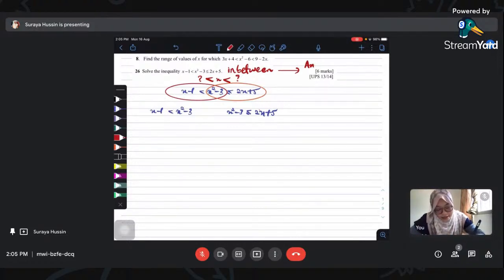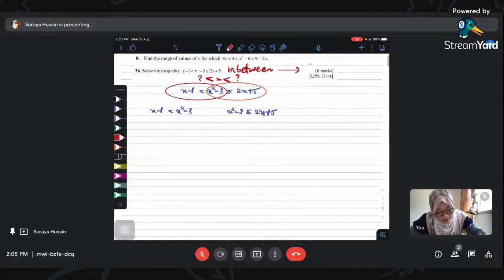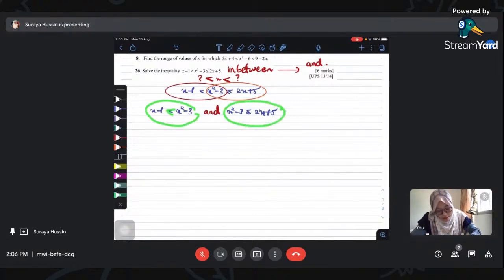Sebenarnya dia akan memberi kita konsep matematik yang ini, "and". So what you should do is write "and". There will be two inequality. Okay, and you must put the "and" in between.